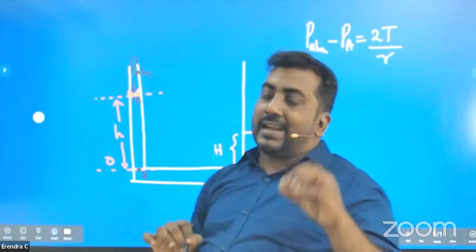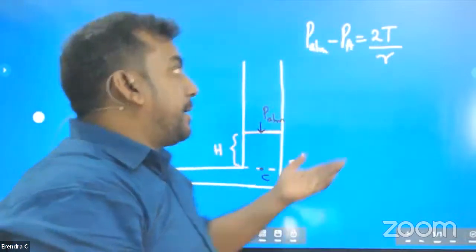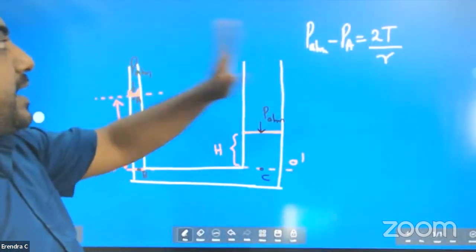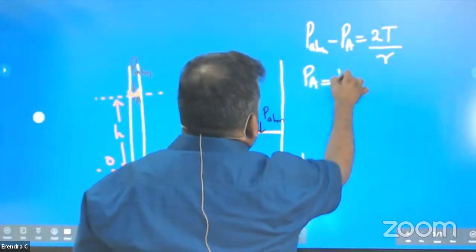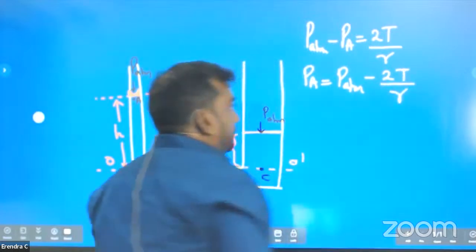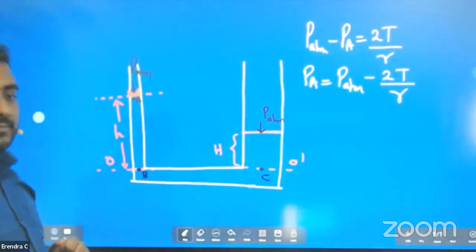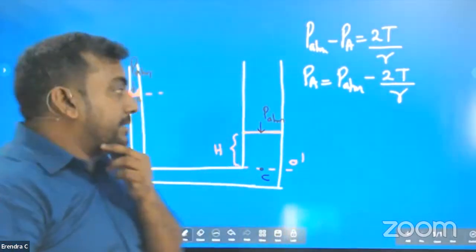Simple r is the radius of the bubble, but we say the angle of contact is 0, so the radius of the bubble and the radius of the tube are both the same. From this we can find the pressure at A: PATM minus 2T divided by r. Normally this is a very simple thing you learn in surface tension.